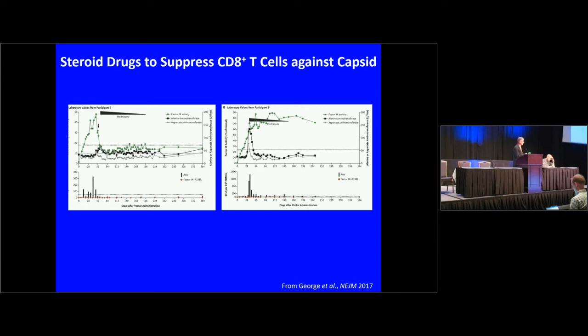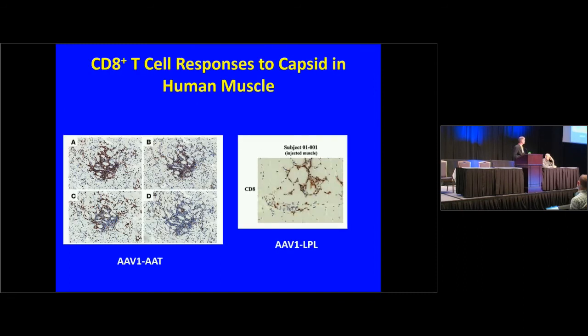But you have to do it very quickly. You have to monitor frequently, and as soon as you see the rise in liver enzymes, you have to start giving the immune suppression, because otherwise, if you are a little bit late, you won't rescue all of the therapeutic expression. Even if you subsequently suppress the CD8 cells, whichever cells they have already destroyed are gone, and there's no way to rescue those.